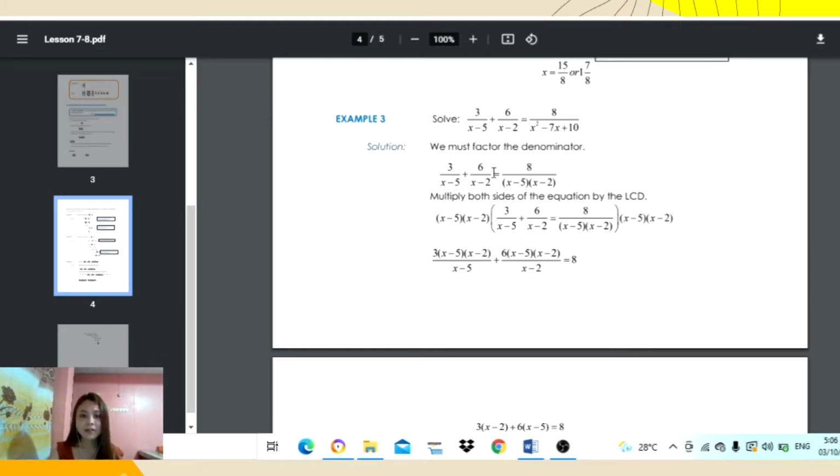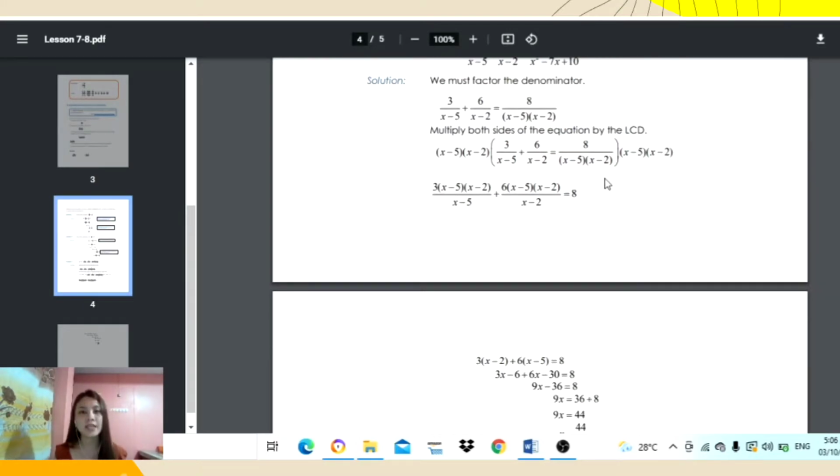Now, having this equation, we can get the LCD of the denominators and then multiply it on both sides of the equation. By looking at the equation, we know that x minus 5 times x minus 2 is the LCD.